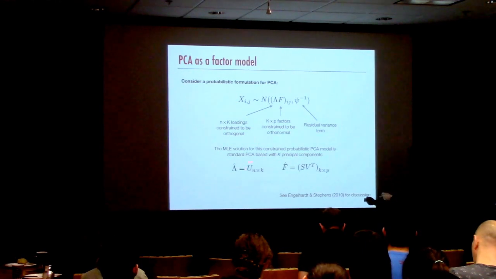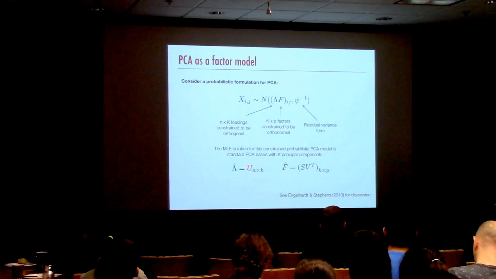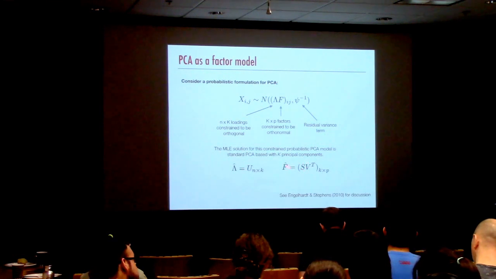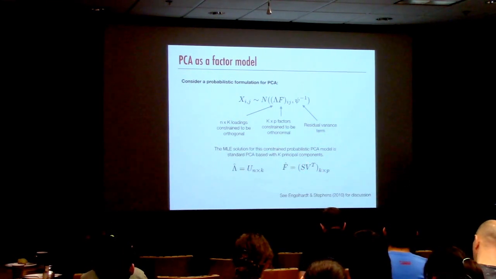So the U matrix, which has the vectors, one per individual, of length k, and then the SVT combination matrix, which has the vectors of length p. Okay.